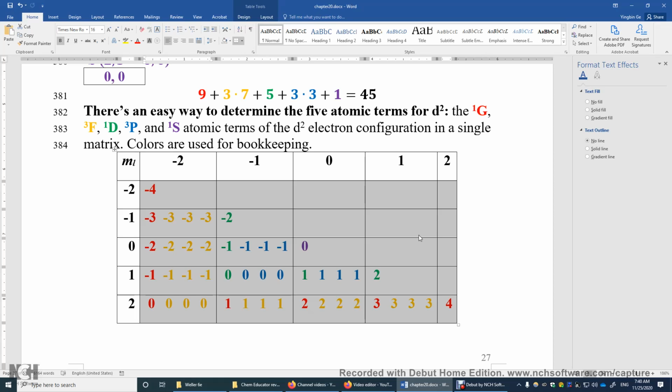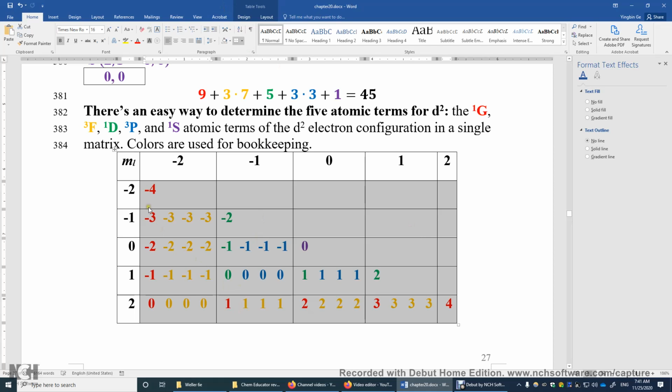And then you have 3H. H means L equals 5, so M sub L goes from -5, -4, -3, -2, -1, 0, 1, 2, 3, 4, 5. That's the range of possible values for M sub L.